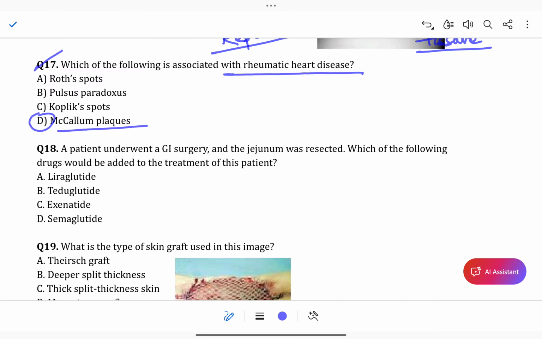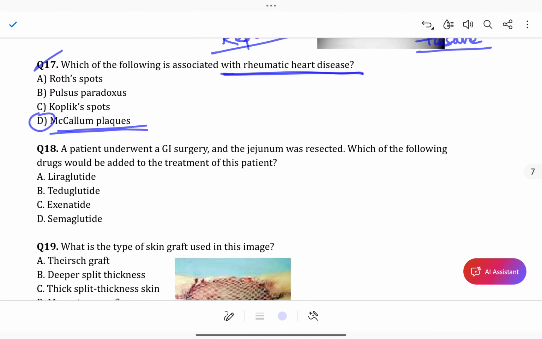It is usually seen in children 5 to 15 years old. Mural endocardial lesions can be seen as McCallum plaques, appearing as a map-like area of thickened, roughened, wrinkled endocardium in the left atrium.